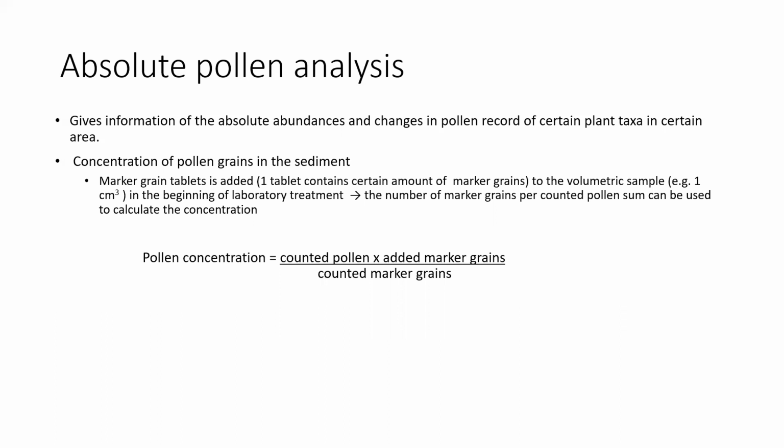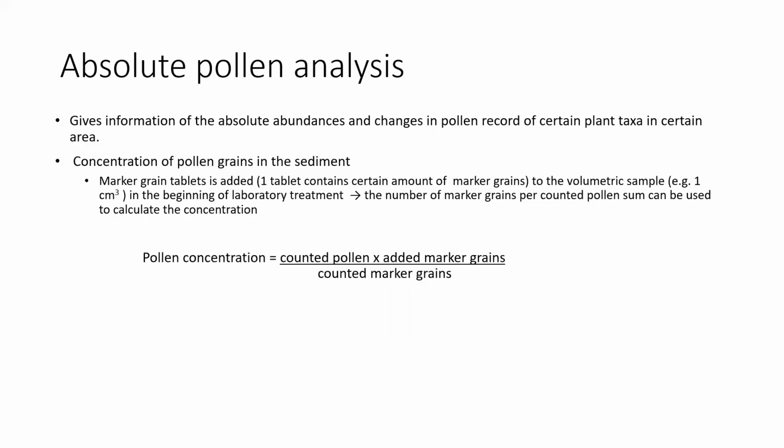One tablet contains a known amount of marker grains, and it is added at the beginning of the laboratory treatment, so that we know the marker grains go through the same chemical treatment as the actual fossil pollen in the sample.